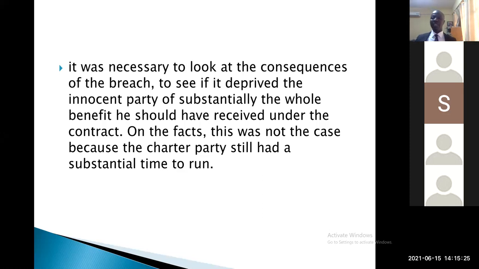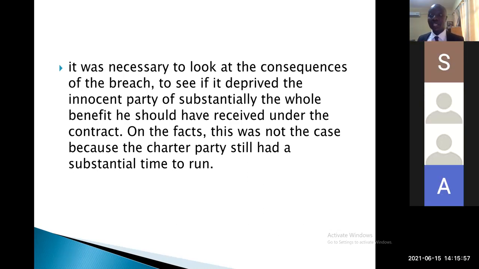If the effect of the breach is very serious, in the sense that it virtually deprives the innocent party of the most important benefit that he is supposed to get under the contract, then the innocent party should be allowed to exercise remedies which are usually exercised for breach of a condition. On the other hand, if the effect of the breach is not that serious, you will simply say that the innocent party should be given remedies for breach of a warranty.